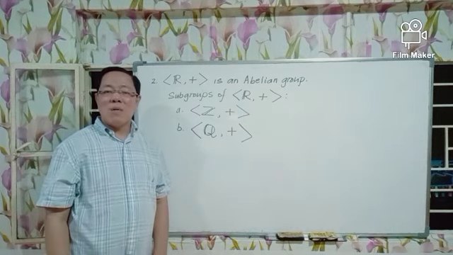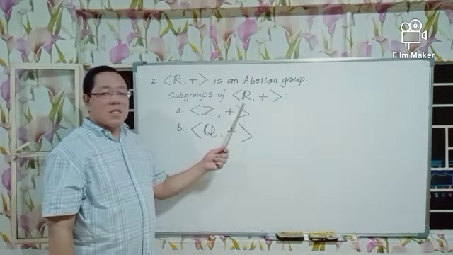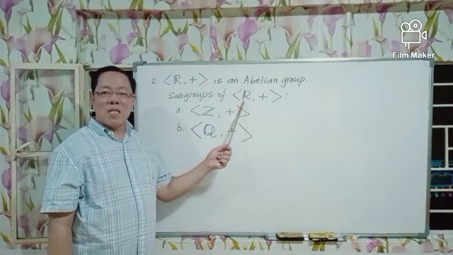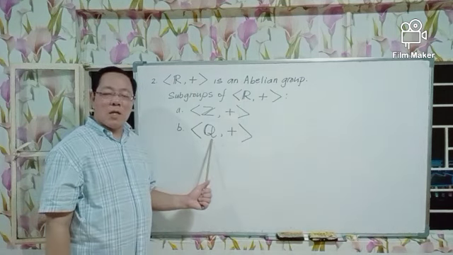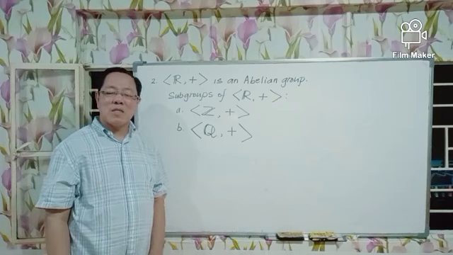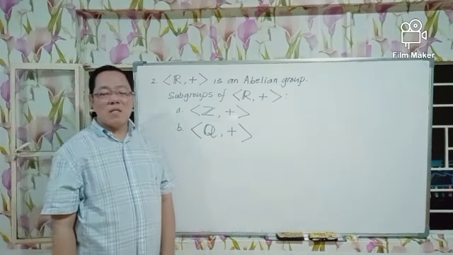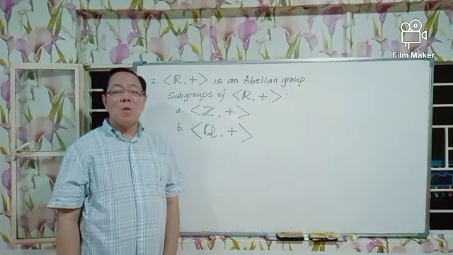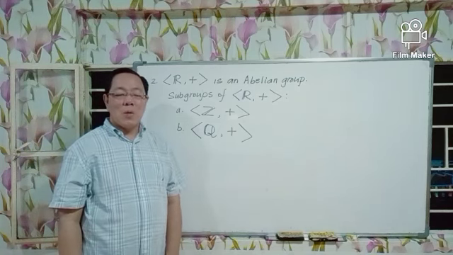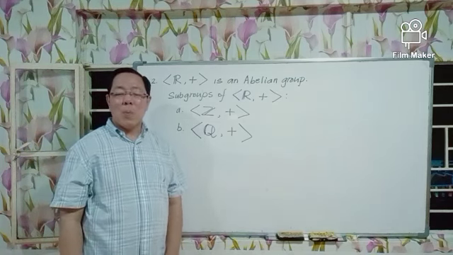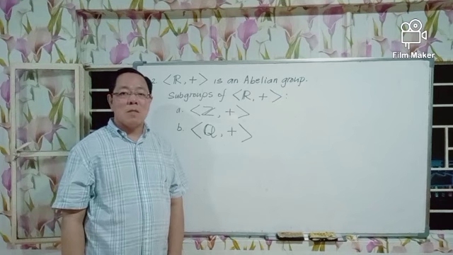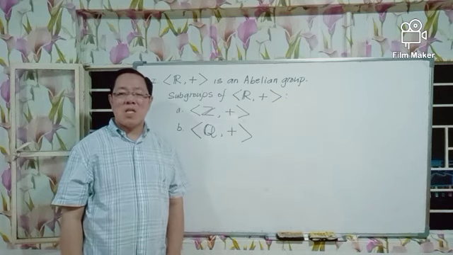And the additive identity element 0 of the set of real numbers is a rational number because 0 can be expressed as a ratio of two integers in many ways. For example, 0 is equal to 0 over 10. So we have written 0 as the ratio of the integer 0 and the positive integer 10.